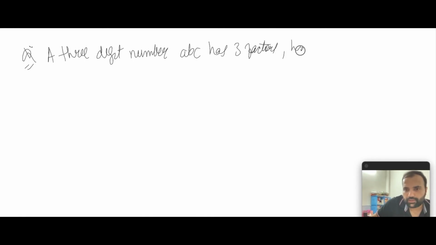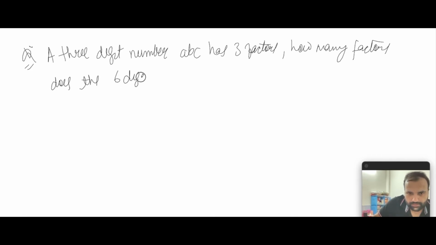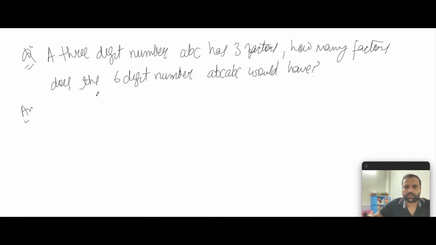How many factors would the 6-digit number ABCABC have? Again, ABC has 3-digit factor, and we need to check for ABCABC.